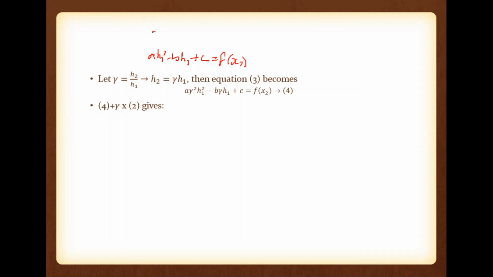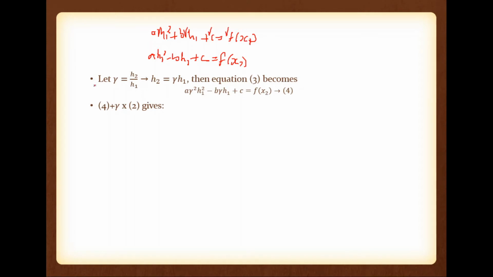Equation number 2 is a h1 square plus b h1 plus c equal to f of x1. So multiply it with gamma. So a into gamma h1 square plus b into gamma h1 plus c into gamma equal to gamma into f of x1.